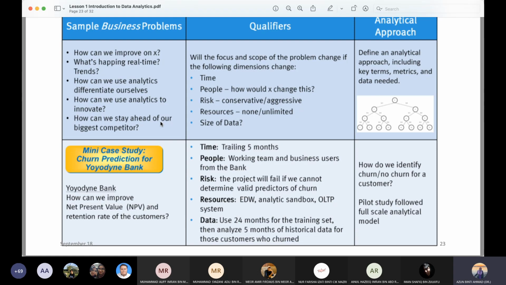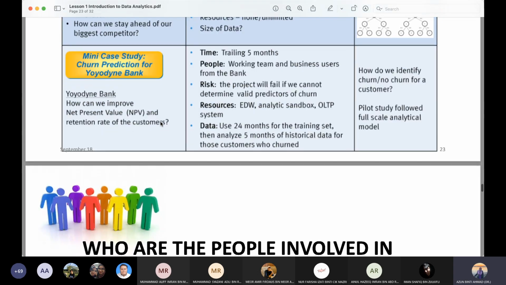So dia akan buat pilot study using a sample population, certain population untuk check, okay, untuk tengok whether the models tu can be implemented ke tidak, berguna ataupun can give benefits, can be used in their business operation ke tidak.